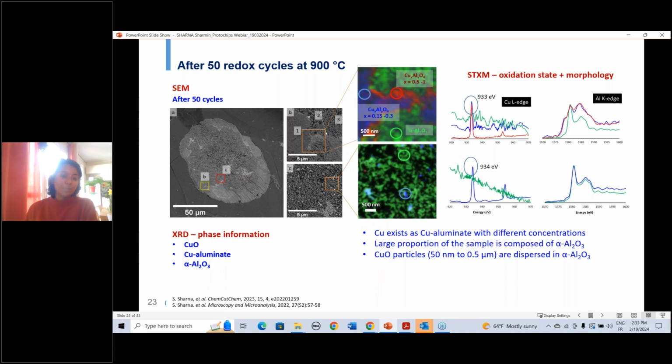What is interesting as well is that here already we can see the direction of migration of copper. When we reduce, the copper comes out and goes towards the alpha alumina, and then during oxidation, it comes back towards the remaining alumina to react and form copper aluminate.